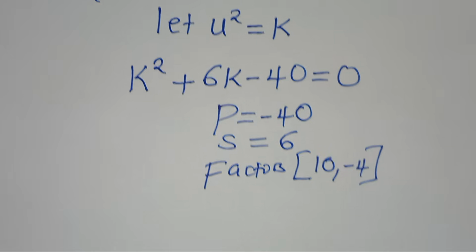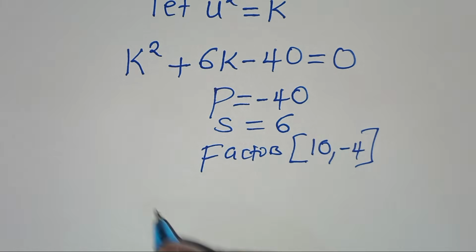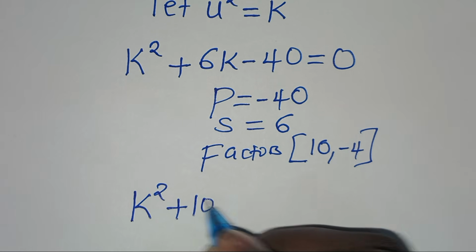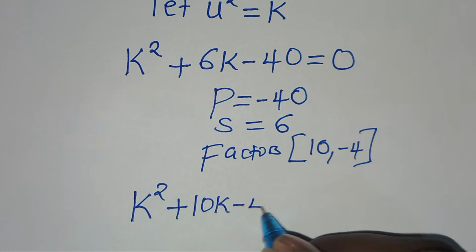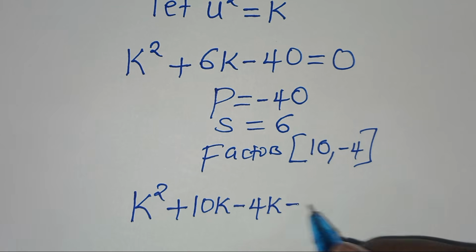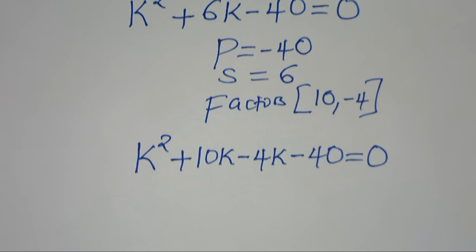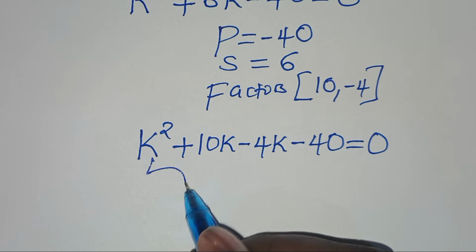So let's substitute these two factors in this equation, so that we have k squared plus 10k subtract 4k subtract 40, and this is equal to 0. So we have got two parts here.